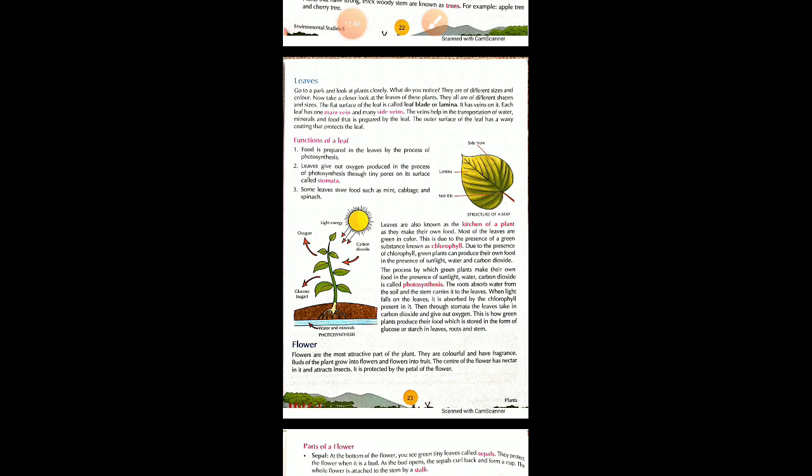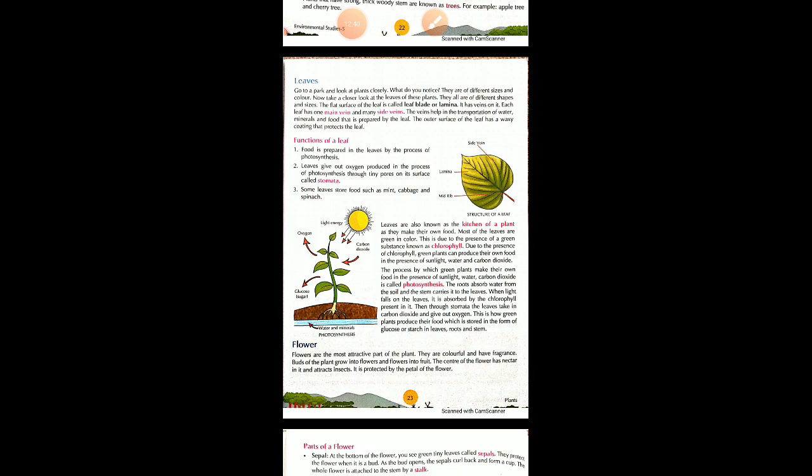Is it clear? Now student, each leaf has a broad flat surface. If you observe the leaf, you will find that the leaf has a flat surface. And what is the color of the leaves? The color of the leaf is green.